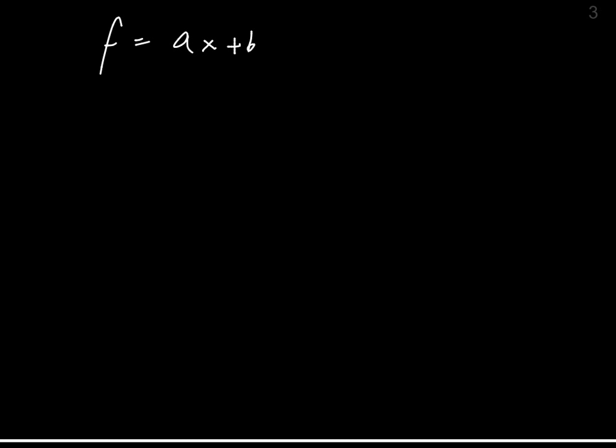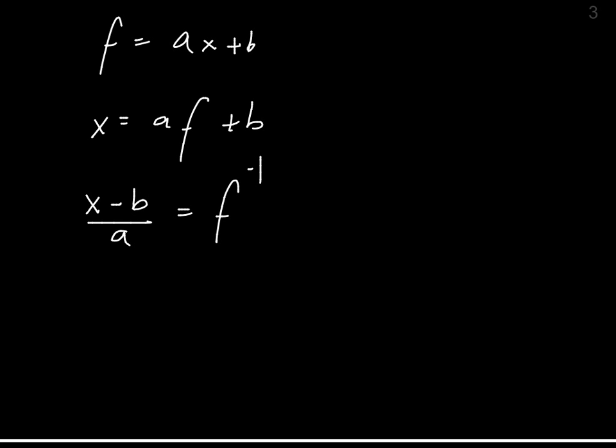So let's not write f, let's write x equals a times f, because in this case my function is called f instead of y, plus b, and now I'm going to solve for f. This is how I find the inverses. So I bring the b to the other side, I get x minus b divided by a equals f. So this is my inverse.